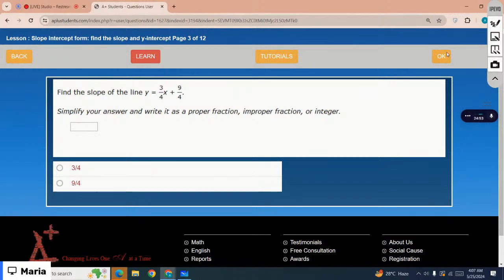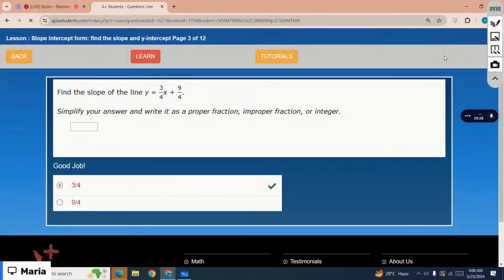Find the slope of the line y equal 3 by 4x plus 9 by 4. So which is the correct option? Yes, the correct option is 3 over 4. The slope is 3 by 4.